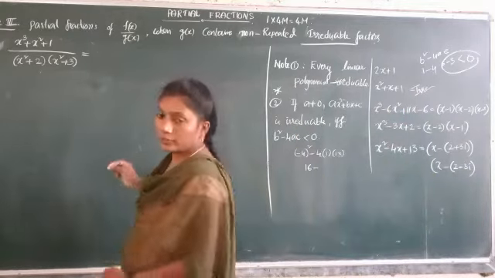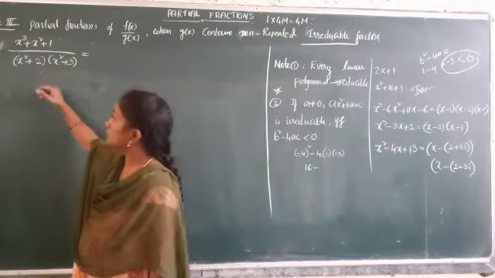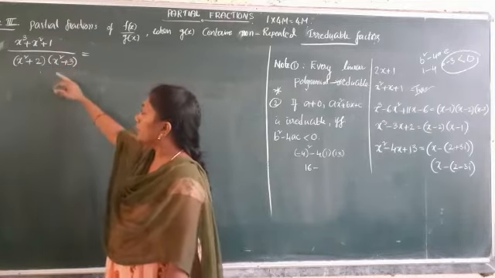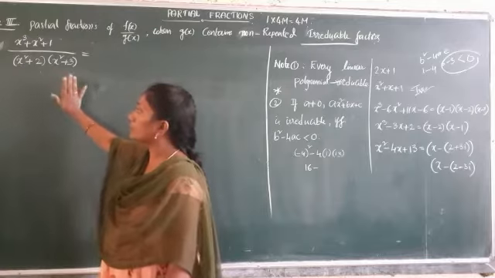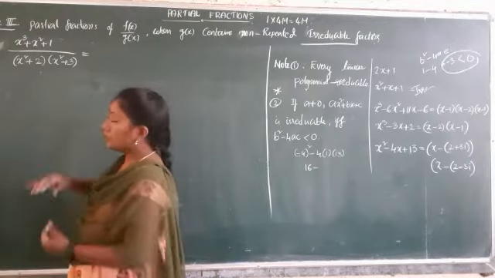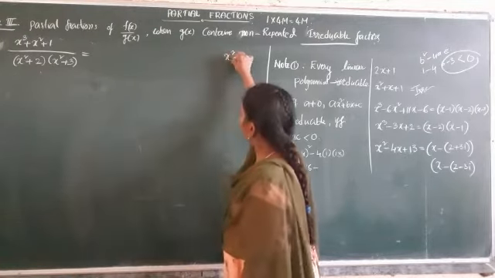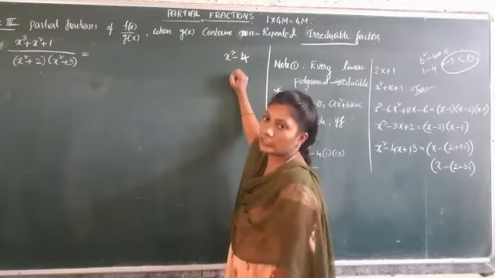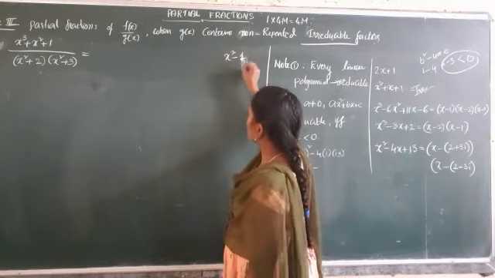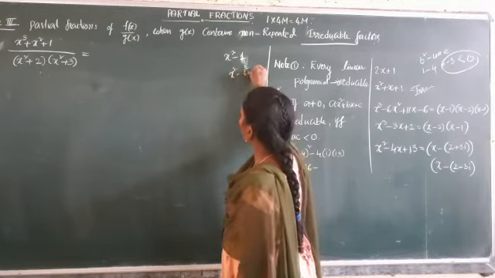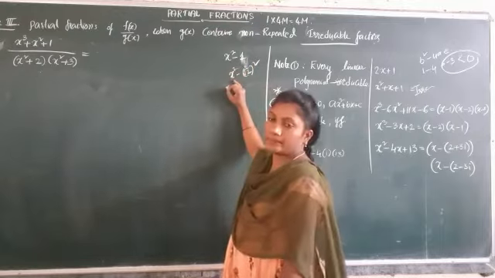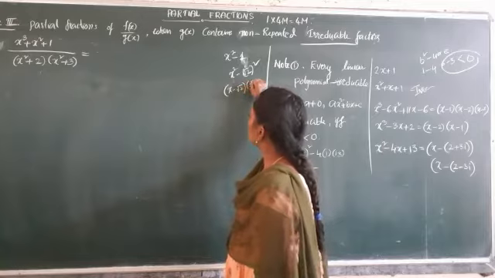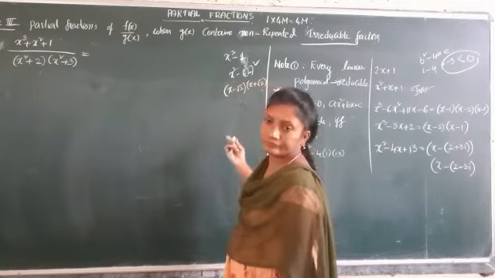So that is irreducibility. And here you see an example of rule 3. x cube plus x square plus 1 by x square plus 2 into x square plus 3. We cannot split these, right? Suppose if you have x square minus 2, then you can split, root 2 whole square, a square minus b square, it can be split into x minus root 2 into x plus root 2.